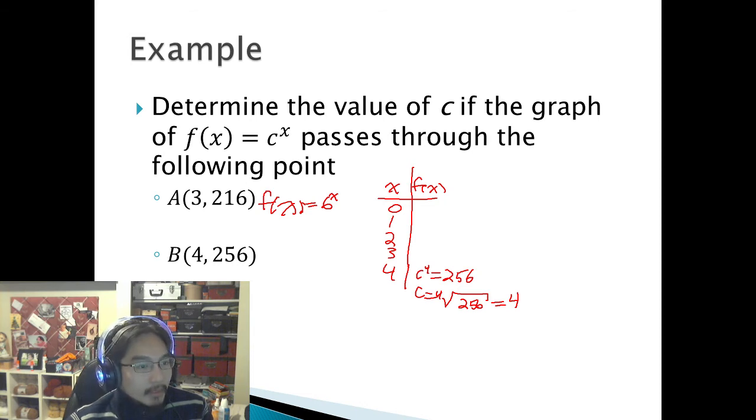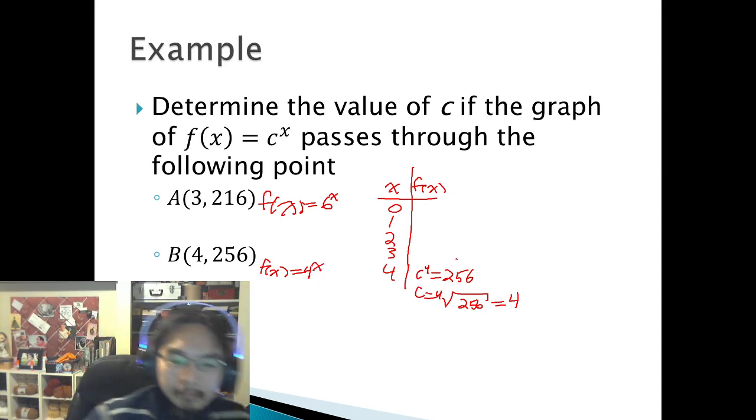Let me just check that. 256 to the power of 1/4. Oh yeah, it's 4. So here, f of x is equal to 4 to the power of x.